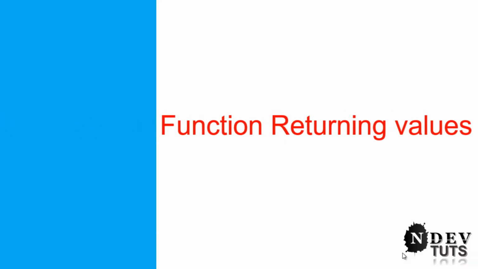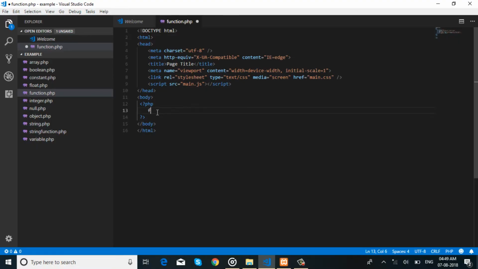Let's talk about PHP function returning value. A function can return a value using the return statement in conjunction with a value or object. Return stops the execution of the function and sends the value back to the calling code. Let's see the example of PHP function returning value.